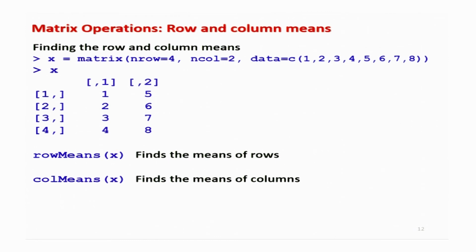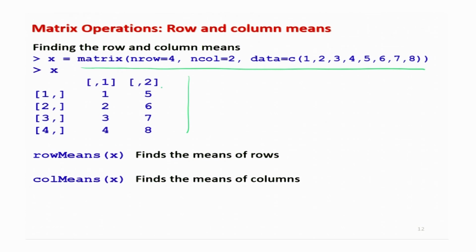So, similarly, instead of finding out the sums, if you want to find out the arithmetic mean of the values in the rows and columns, then similarly those values can be found very easily. So, suppose I take here the same matrix, which we have just considered for finding out the row sums and column sums. So, we have this matrix here, and now we want to find out the arithmetic mean of the values in the rows and columns.